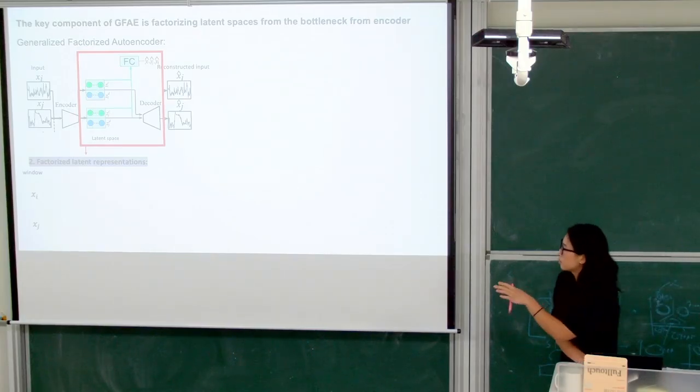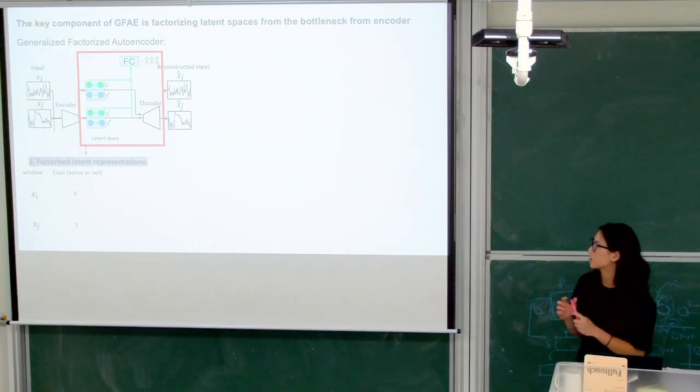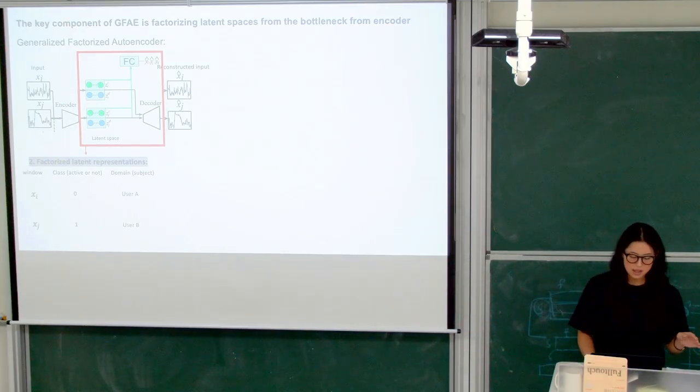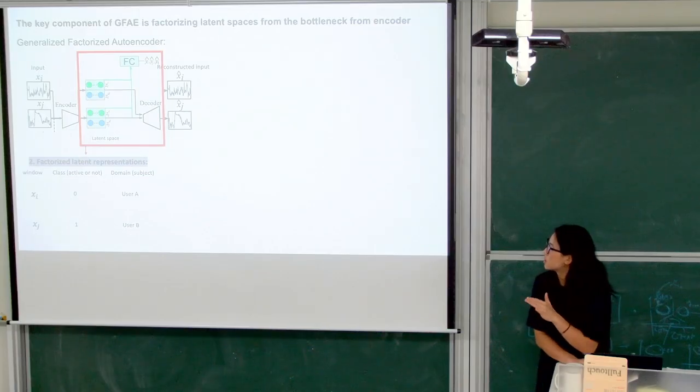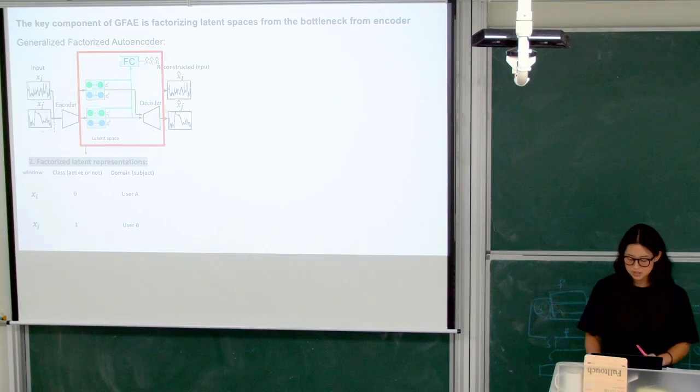We have our inputs, x1 and xj. Each window has a class, whether it is active or not, and a domain, whether x1 is from user A or user B, or whichever user it is.